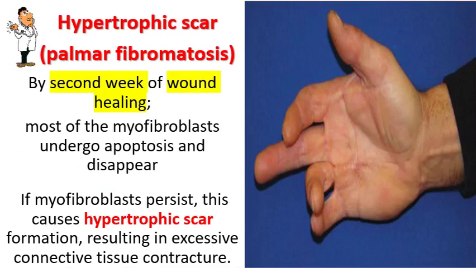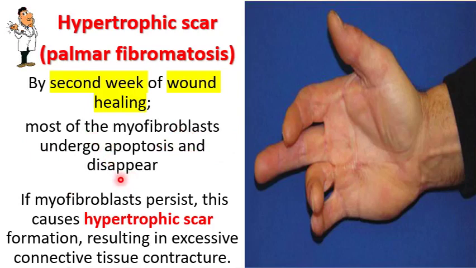Clinical application for this cell, the fibroblast cell, specifically in fibrosis or repair: hypertrophic scar or palmar fibromatosis. It occurs by the second week of wound healing. Most of the myofibroblasts undergo apoptosis and disappear.